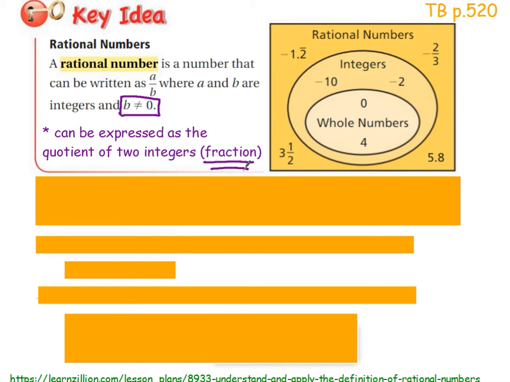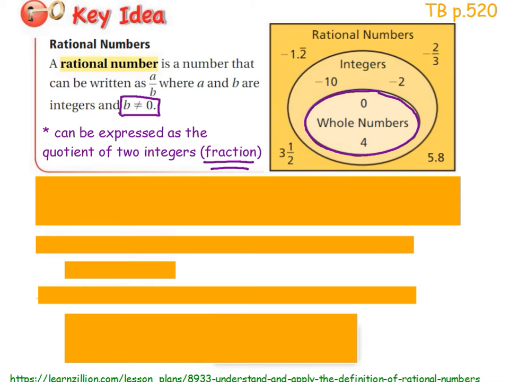So in our center lighter colored circle here, we have whole numbers. All whole numbers can be written as rational numbers. All that we need to do is put a 1 underneath it, and we've proven that whole numbers are rational numbers.